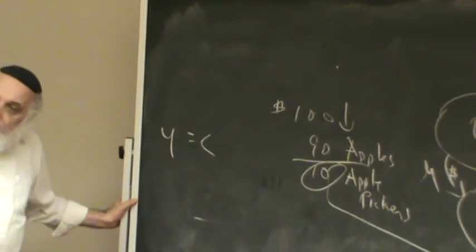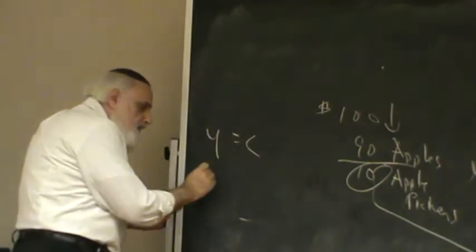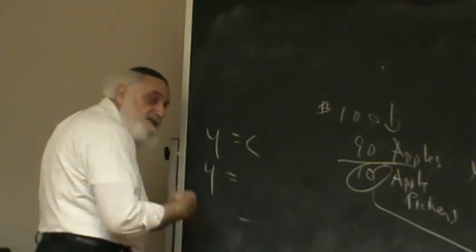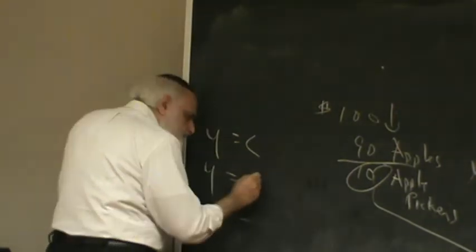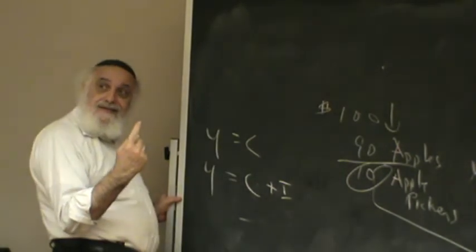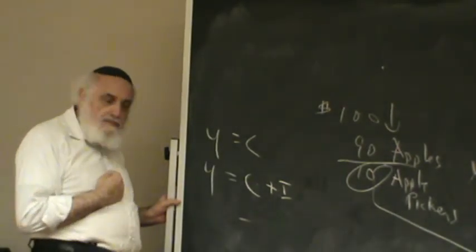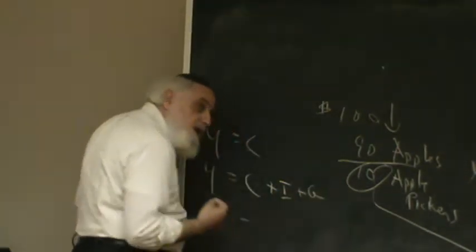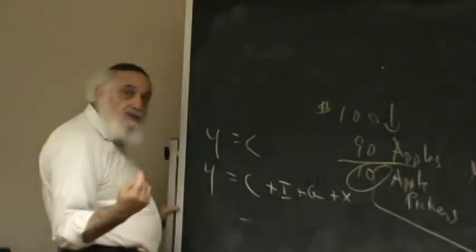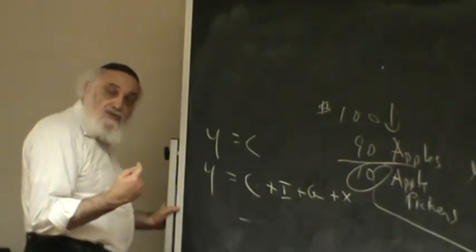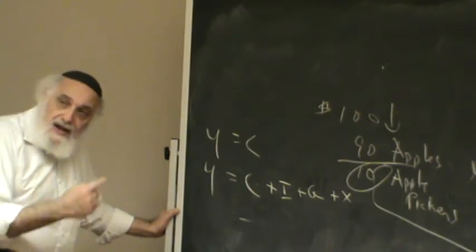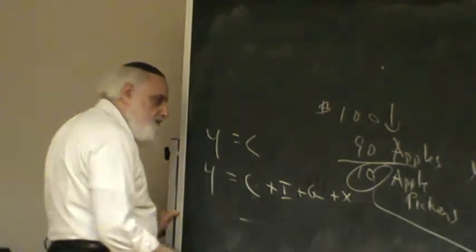But now that it became more complicated, the equilibrium is that Y, the money I'm getting, has to be returned to the producer, either through consumption, or through investment, which he doesn't want me to return, or through government spending, which replaces the taxes, or through exports, which replaces the imports. So the equilibrium is not Y equals C. The equilibrium is Y equals C plus I plus G plus X.